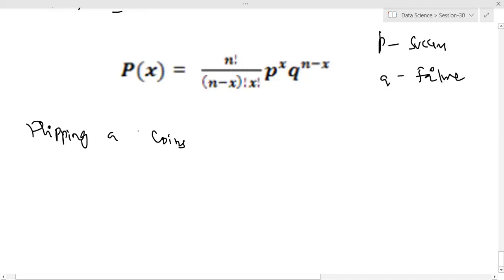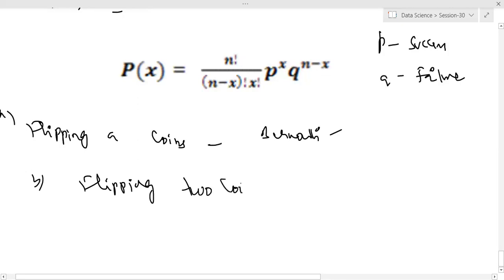Flipping a coin, can I take it as binomial or Bernoulli? Bernoulli. Suppose I am flipping 2 coins. Now I can say binomial. The standpoint is binomial.